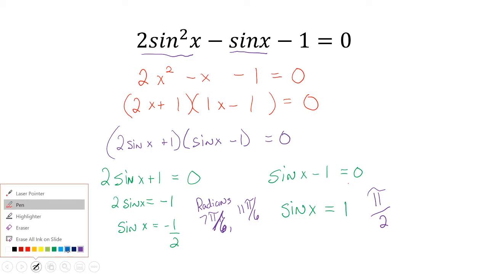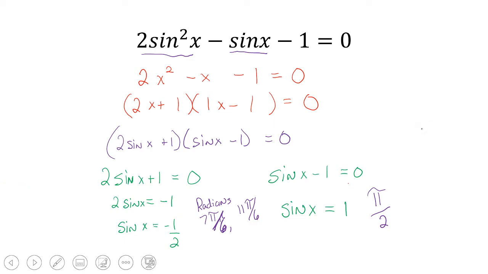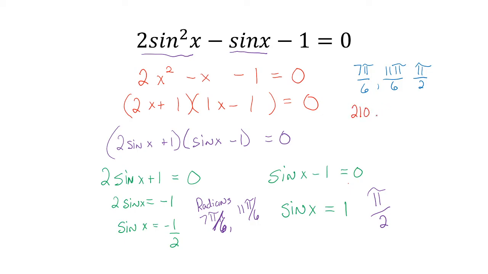So if I combine those all together, I get solutions in radian form of 7 pi over 6, 11 pi over 6, pi over 2, which if I were to convert them into degrees, I get 210, 330, and 90.